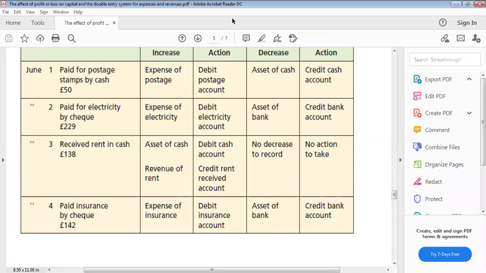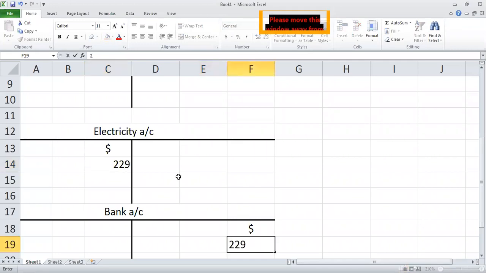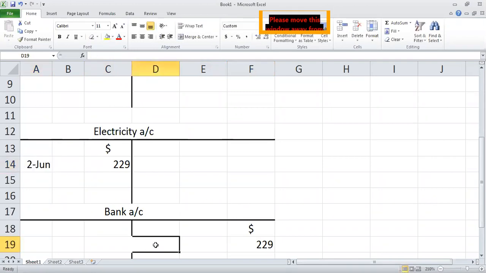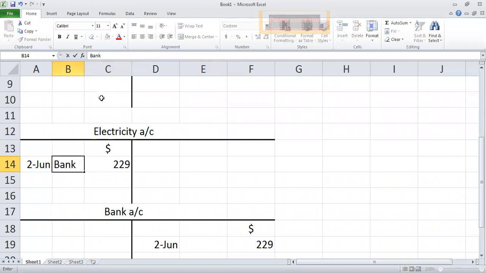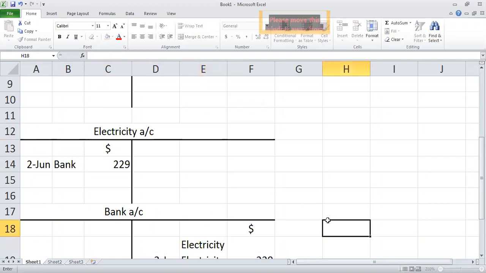Now for that case, we're going to debit electricity account and credit bank. So debit electricity account with 229 and credit bank with 229. And then put in the date, June 2. And then put in the title of the account in between, the relationship. So you have bank go on the electricity account, and electricity goes under bank, because there's a relationship between those.